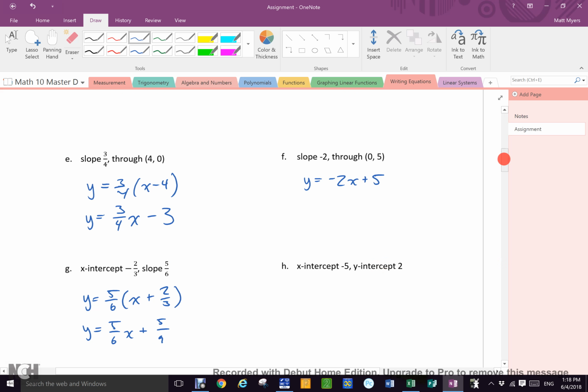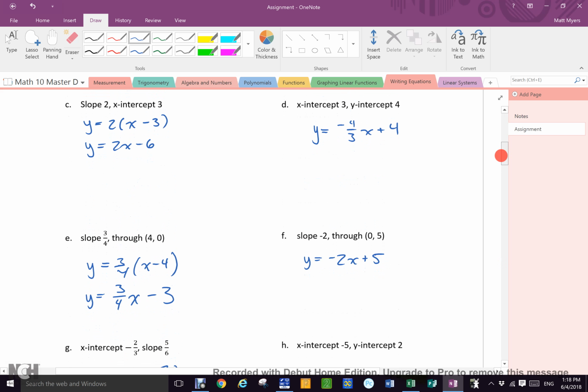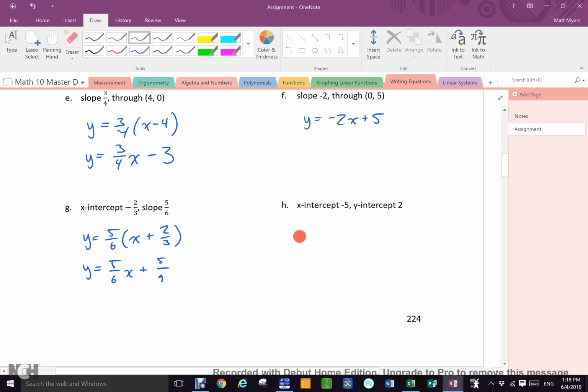And this is, of course, exactly the same as D. It is y equals 2/5 x plus 2. And that makes that whole page out of something along the lines of 16.